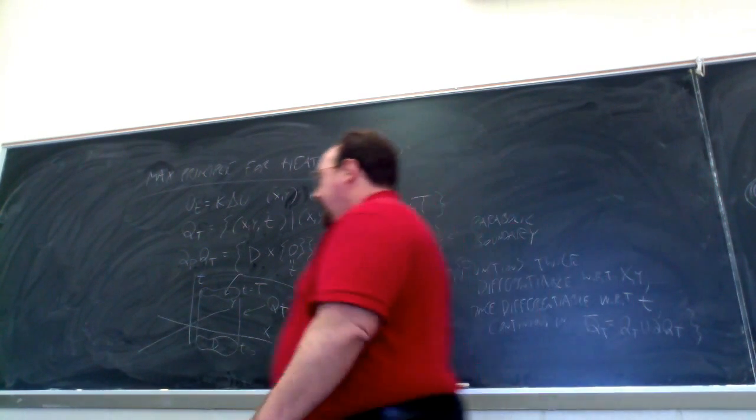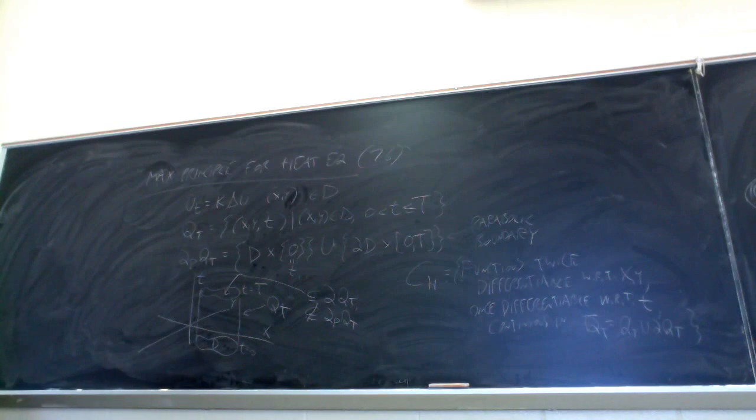Okay, so this set C sub h consists of whatever functions are eligible to be solutions of a heat equation in this domain. Basically, they possess the required number of derivatives and the required continuity. Now, the ultimate goal here is to prove that the heat equation with appropriate initial and boundary conditions has a unique solution.